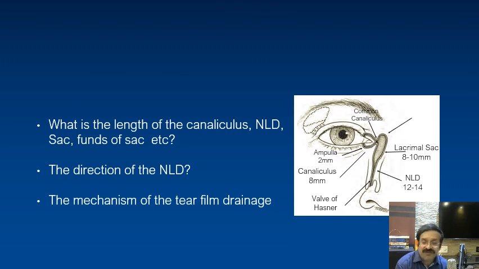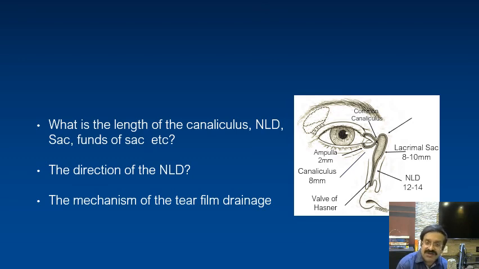Now, what is the pump function? As you blink, you close your eyes. So once you're closing your eyes, the pretarsal fibers of the orbicularis oculi compress, and they compress the punctum medially.